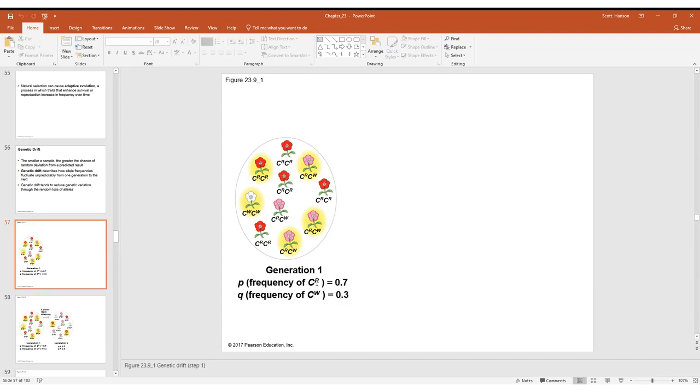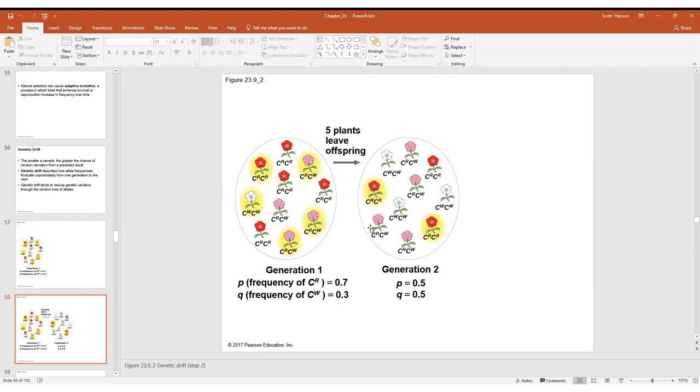But let's say an herbivore eats 5 of these plants, but the other 5 are left to leave offspring.